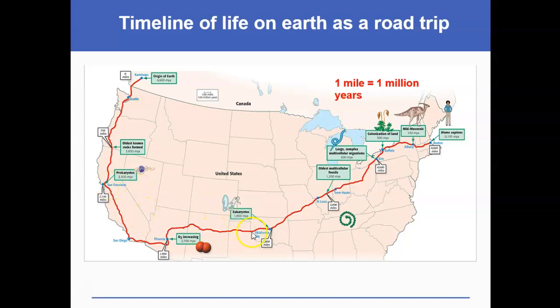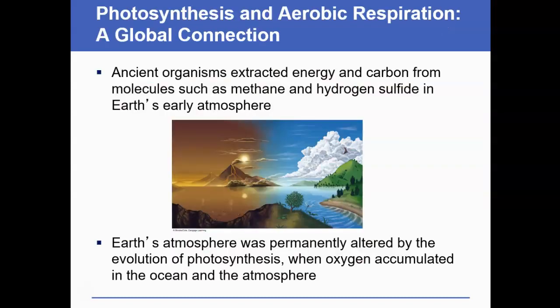So prokaryotes rule Earth. Now, on this road trip, something amazing is happening right here, in the equivalent of where we live, Phoenix. Approximately 2.7 billion years ago, we can start seeing oxygen increasing. This production of oxygen by photosynthetic microorganisms, by photosynthetic bacteria, had an extreme impact on our Earth and the atmosphere.